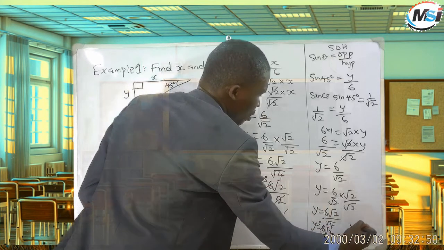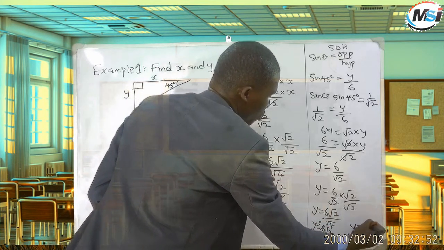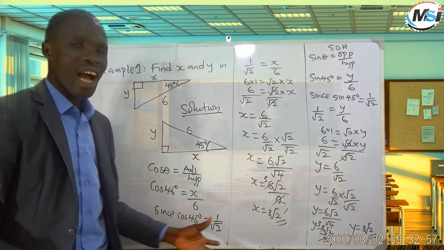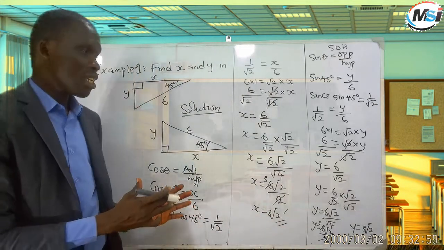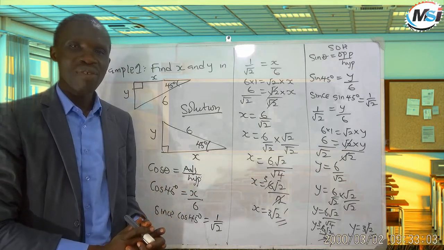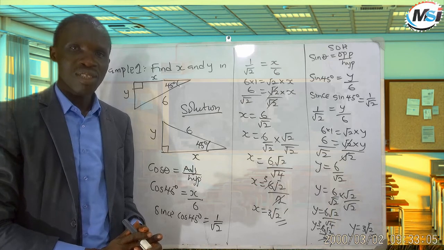So that is telling you that y equals what? 3 root 2. Do you understand now? So that is how to apply the special angle, which is angle 45 degrees. I believe you understand that, right?